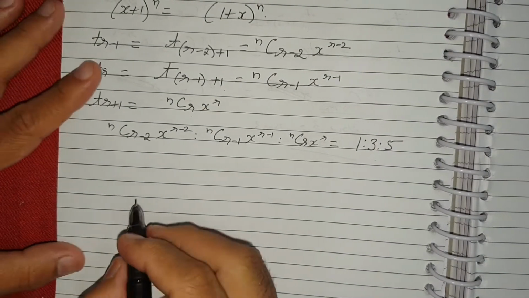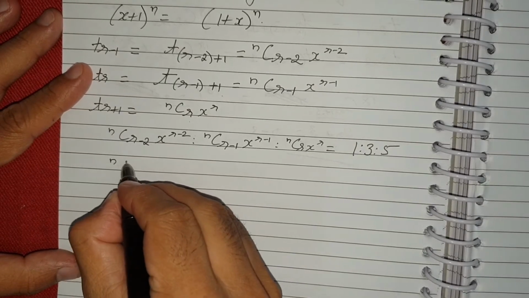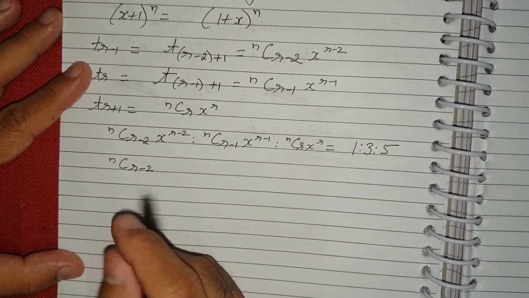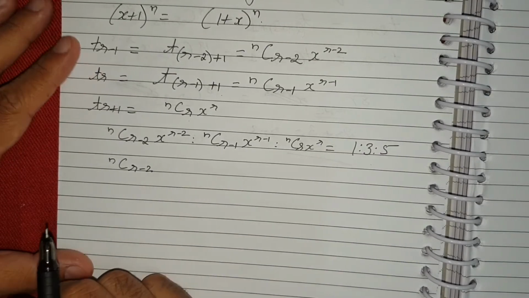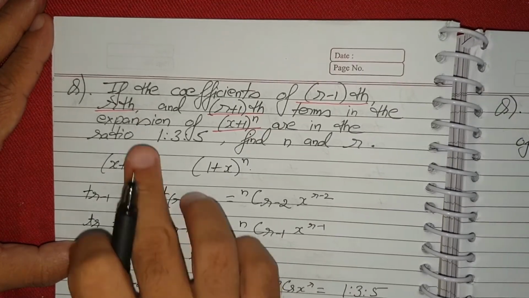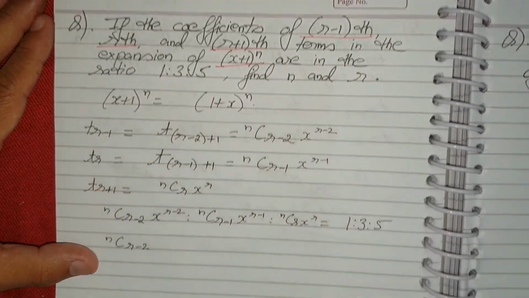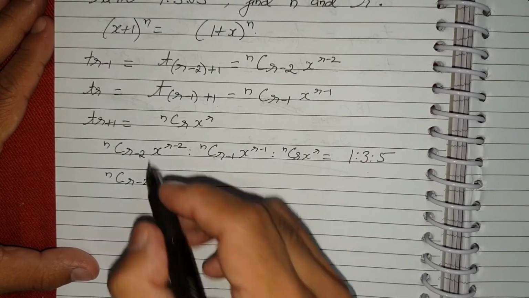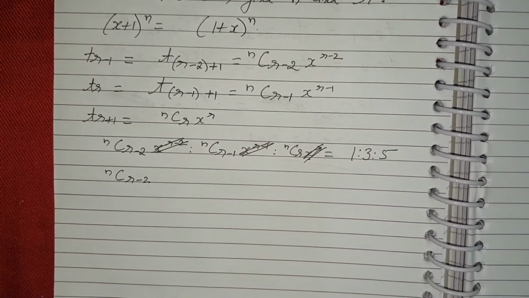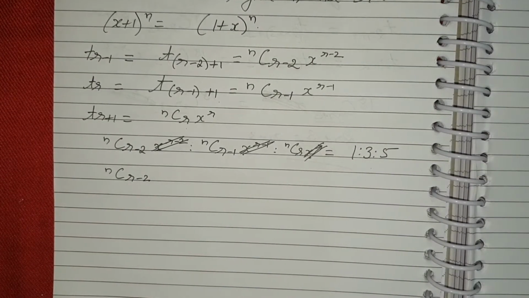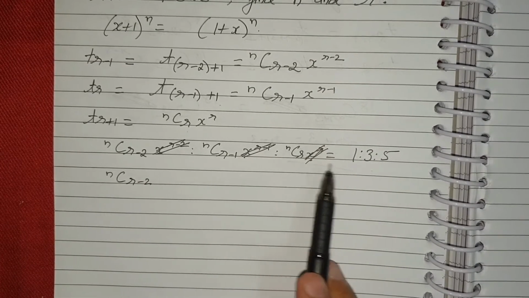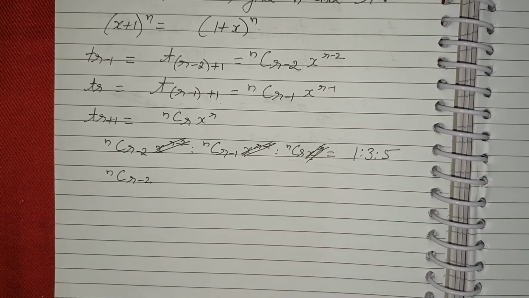Oh sorry, it is the coefficients that are in the ratio 1:3:5. We have to write the coefficients, so we can omit these things. The ratio of the coefficients nCr-2, nCr-1, nCr is 1:3:5.